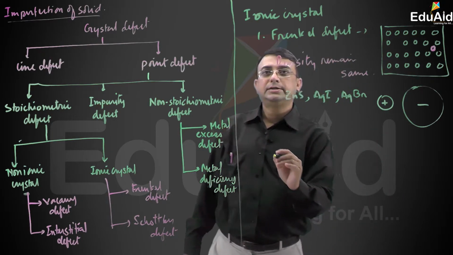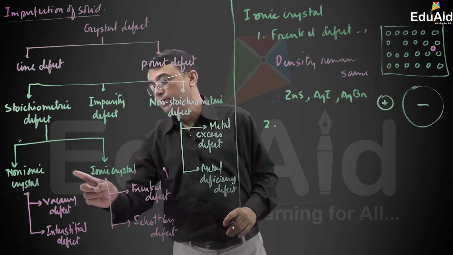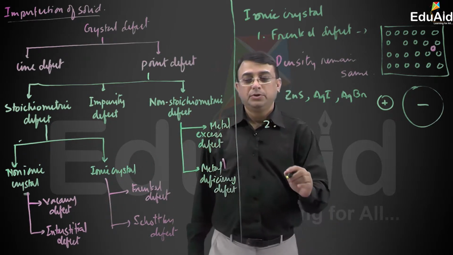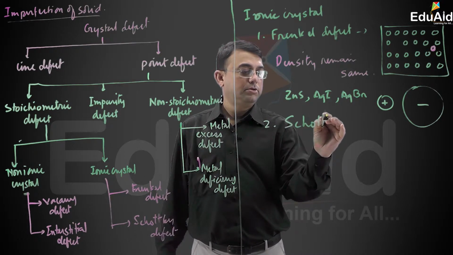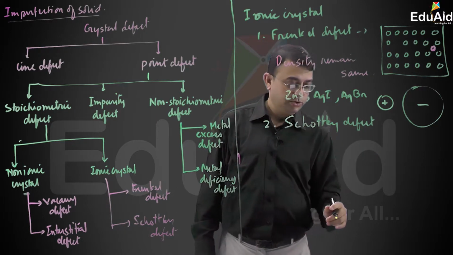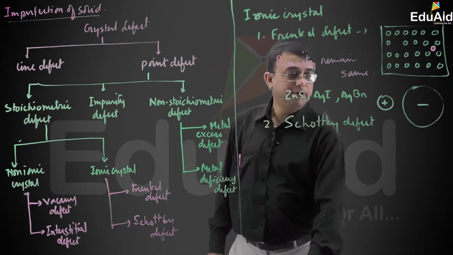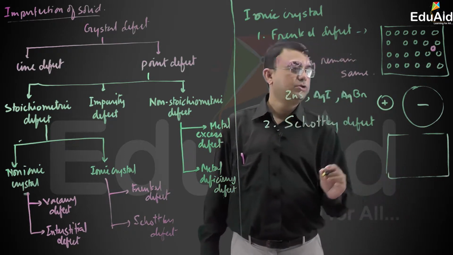The next type of stoichiometric defect found in ionic crystals is called Schottky defect. Let us look at Schottky defect.